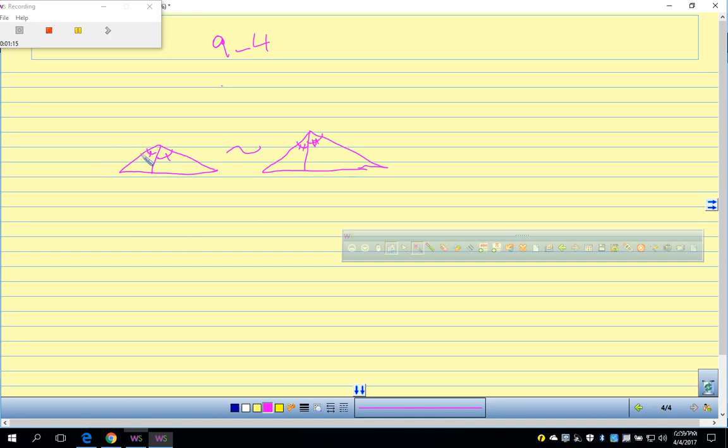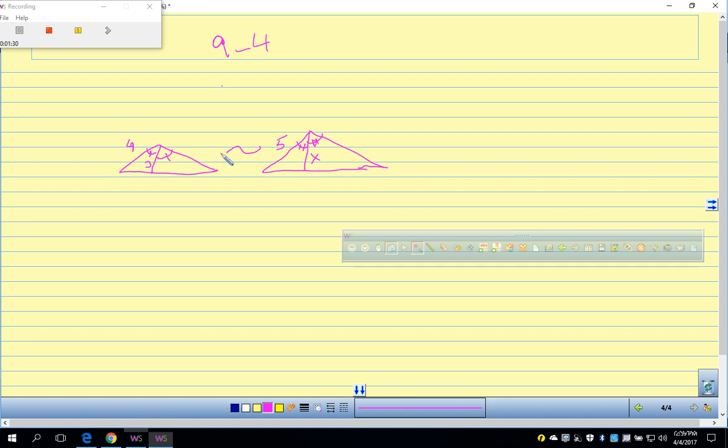And say I know that this is 4, and this is 5, and this is 3, and this is x. What's this line with the x on it? If it cuts that angle in half, it's not an altitude. It's an angle bisector.